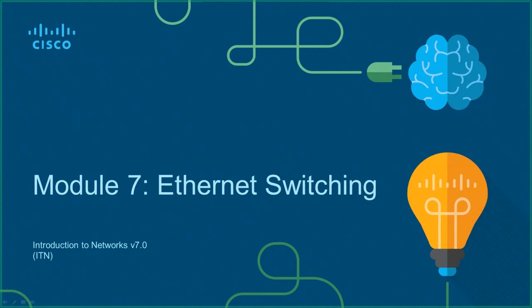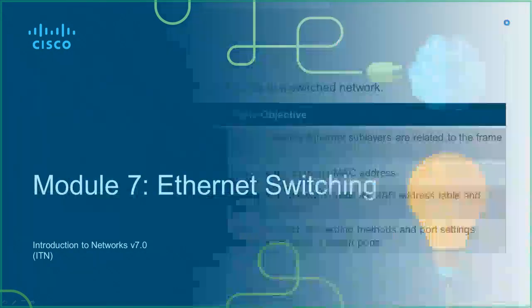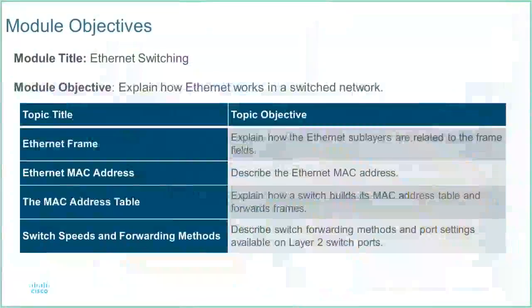Yeah. Alright, so module 7 is Ethernet switching. This is what switches do with the frames that we just looked at in chapter 6.